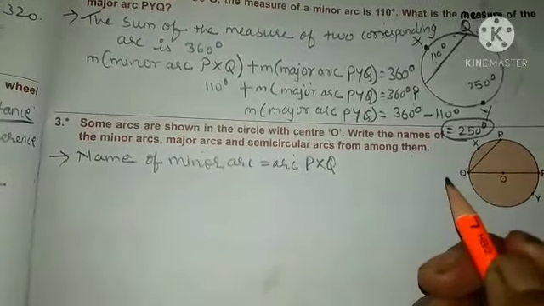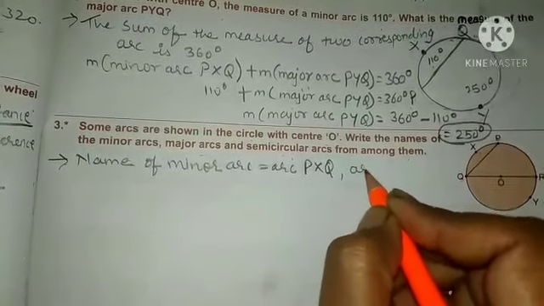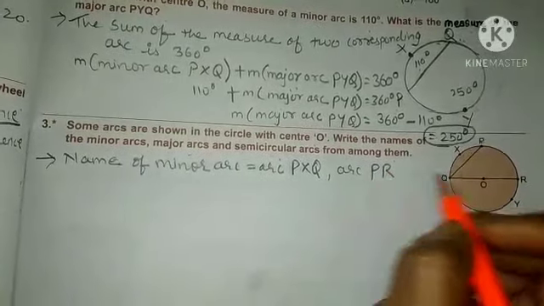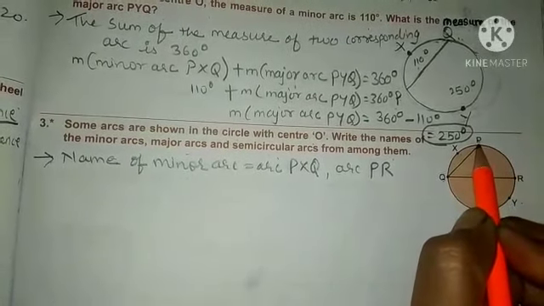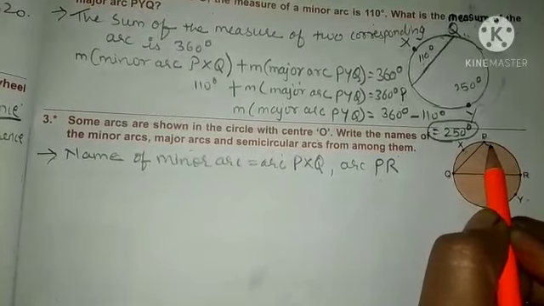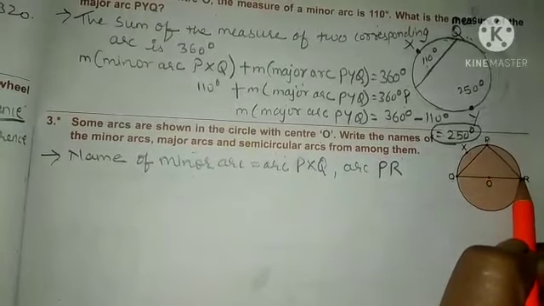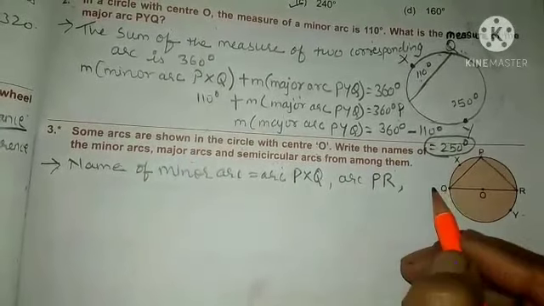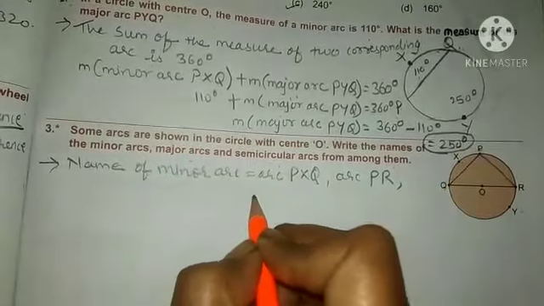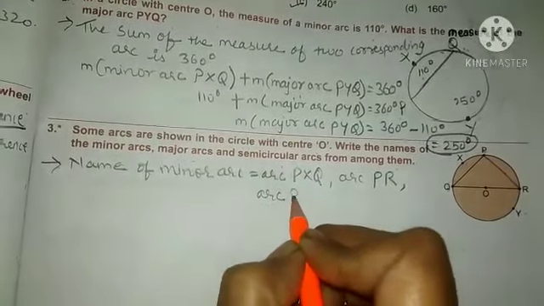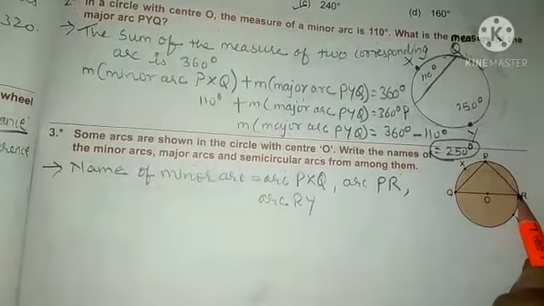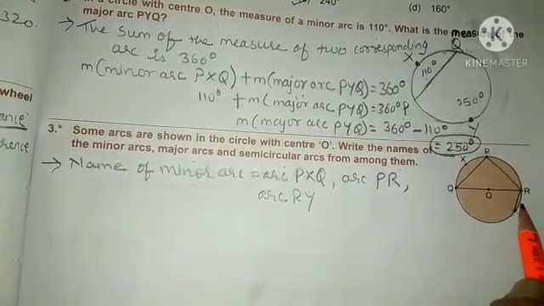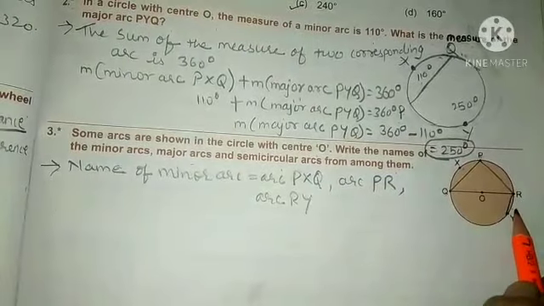PXQ. Understood? Then next is arc PR. Why is PR a minor arc? Now see, if you draw a chord from P to R, what will you get? You will get the minor arc over here. Understood? Similarly, the next is arc RY. Clear? And again, if you draw a chord from R to Y, you will get a minor arc over here.